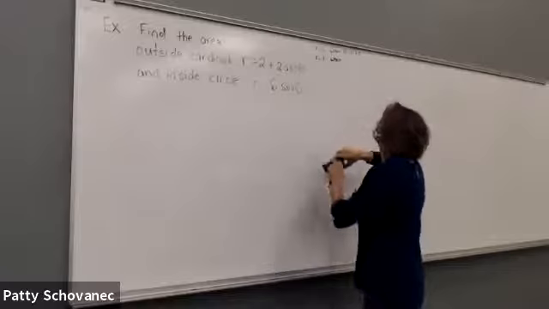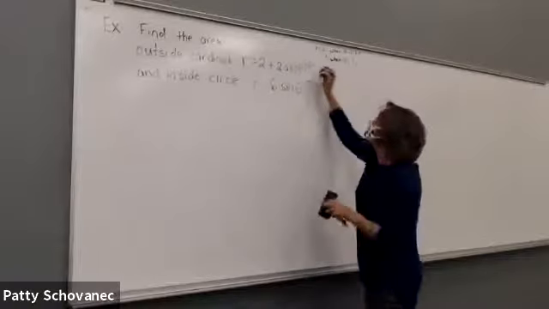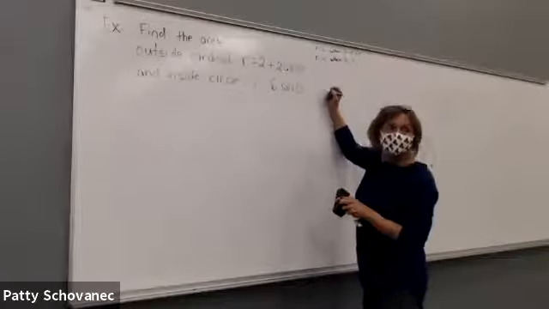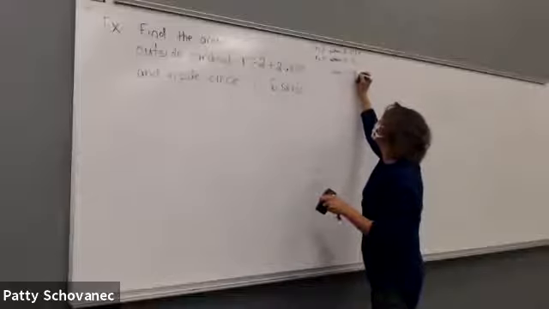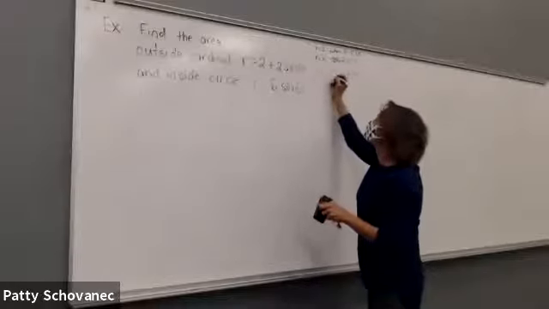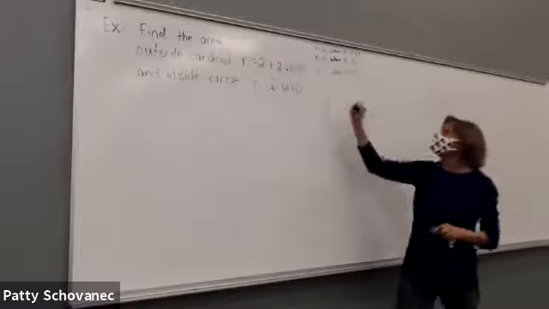When theta is pi halves, r is going to be 4. And when theta is 3 pi halves, what did you get for r? It'll be 0.